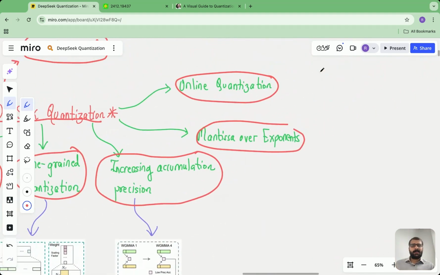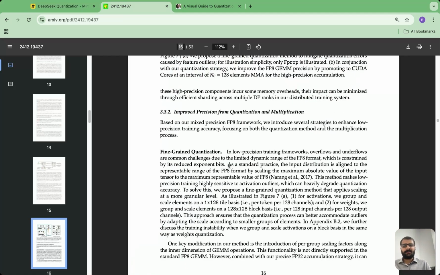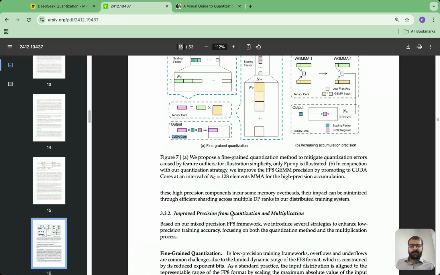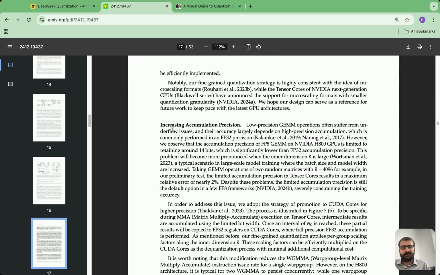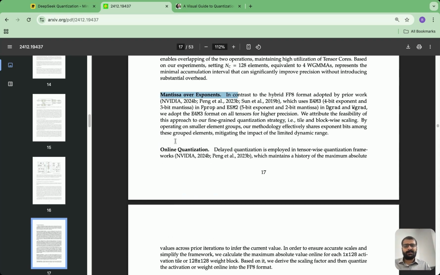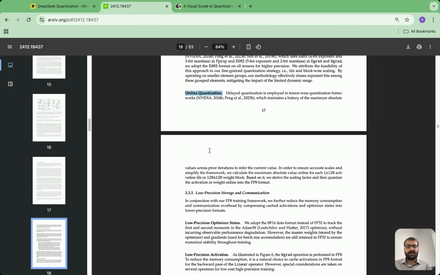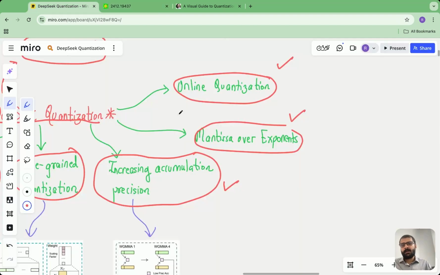In the next lecture, I'll cover three other things: increasing accumulation precision, Mantissa over exponents, and online quantization. You will see that all these three things come after the fine grained quantization. So after fine grained quantization, we have increasing accumulation precision, then Mantissa over exponents, and then finally online quantization. And then the whole FP8 quantization part of DeepSeek will be finished.